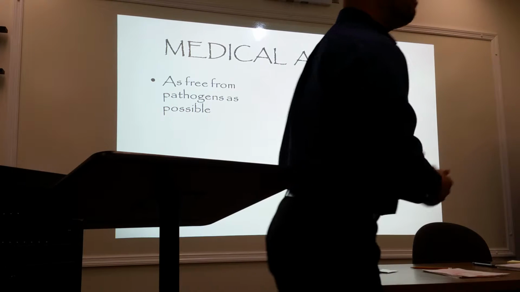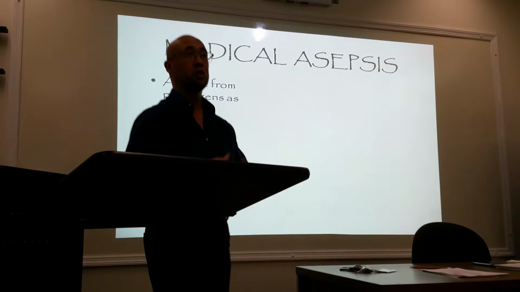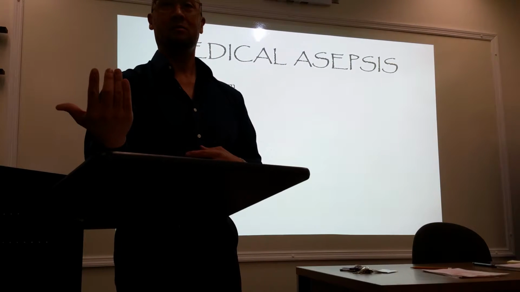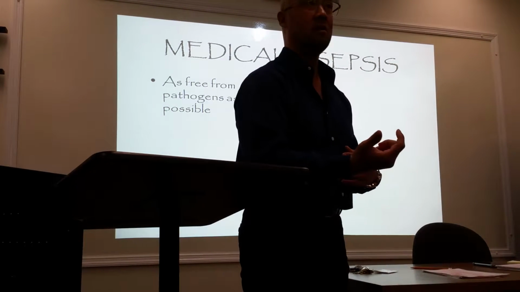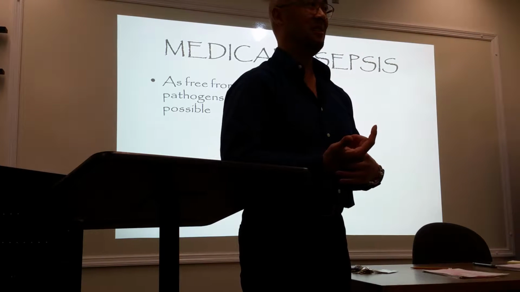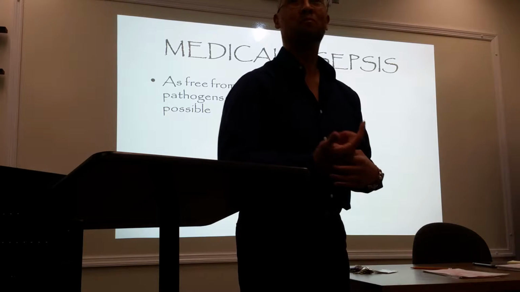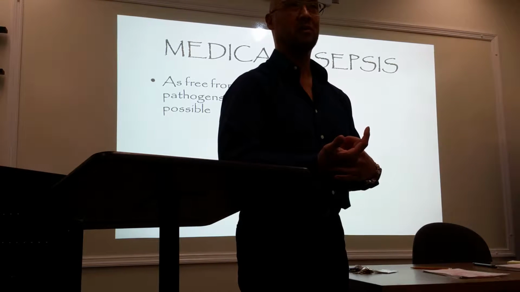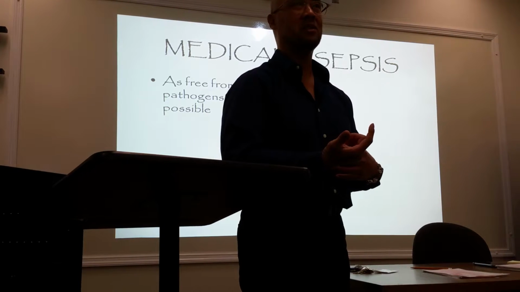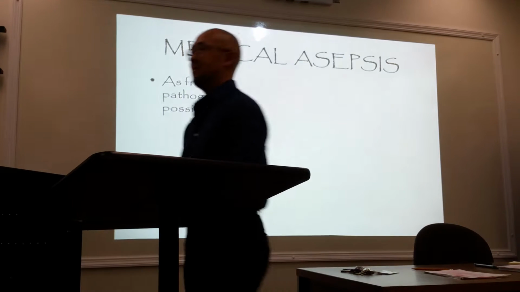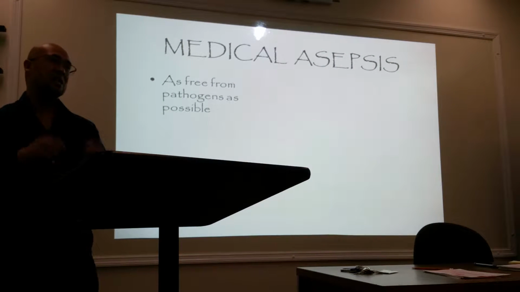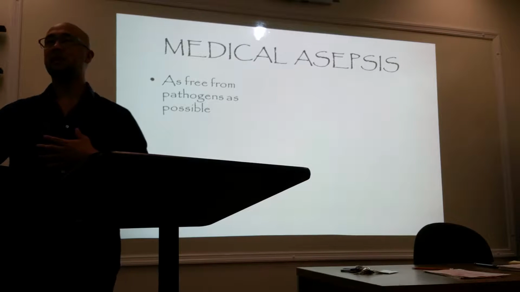Spores are the functional part that causes these germs to replicate and multiply. When you get rid of those spores, they can no longer reproduce. Are you guys following me? It now becomes sterilization. This is 100% elimination of germs, because now you've killed their reproductive portion. That's sterilization. Medical asepsis is as free as possible. It's still 99.9%. You're not completely eliminating it.